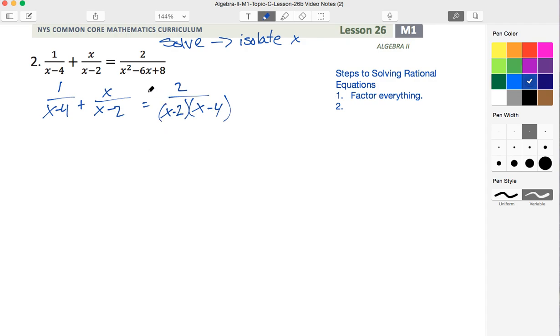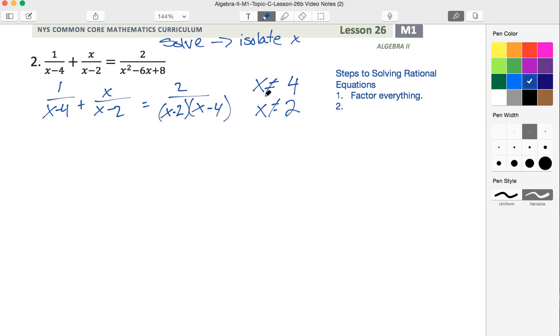And so this is now factored, which means we should call out right now what values x cannot be, because they'll make the equation undefined. In this case, x cannot equal 4. It would make this expression undefined. In this expression, x cannot equal 2 because it would make the expression undefined.